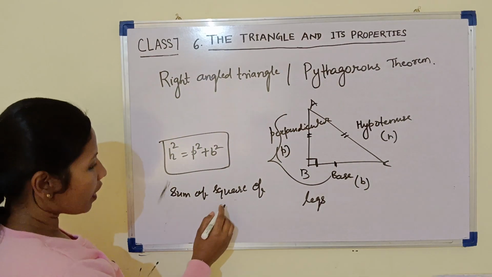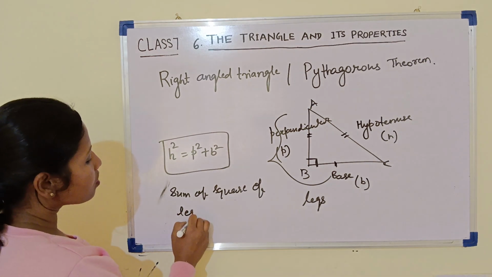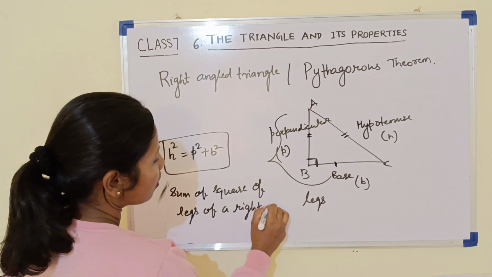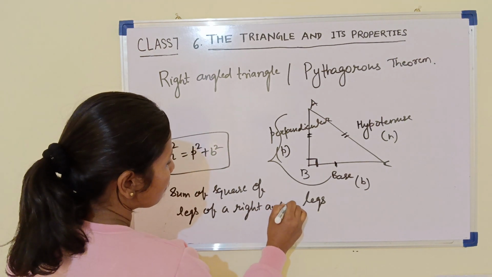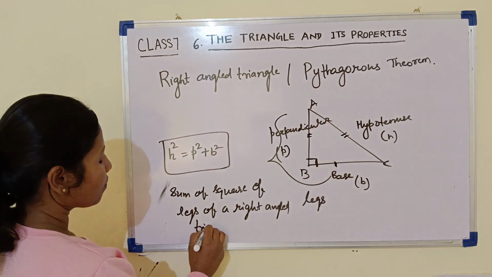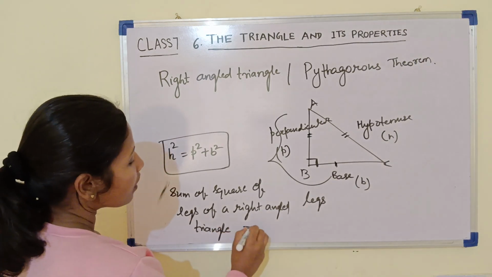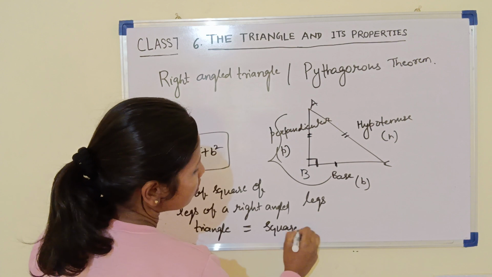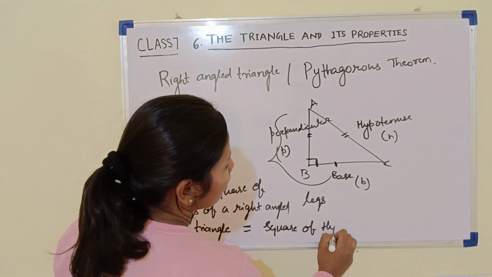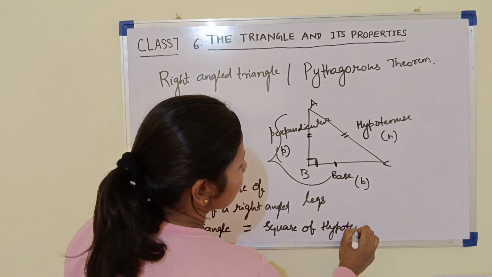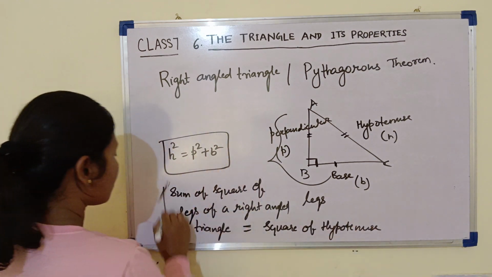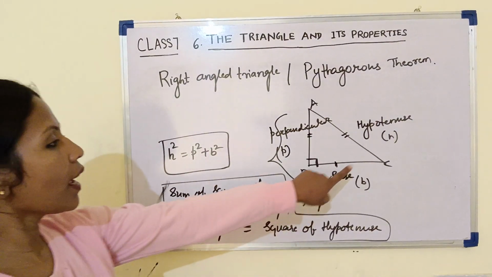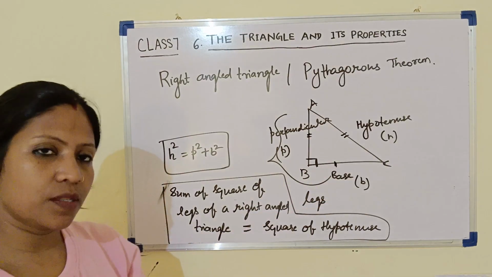The sum of the squares of the legs of a right angle triangle is equal to the square of the hypotenuse. So H square is equal to P square plus B square.